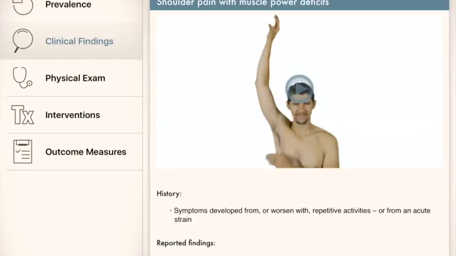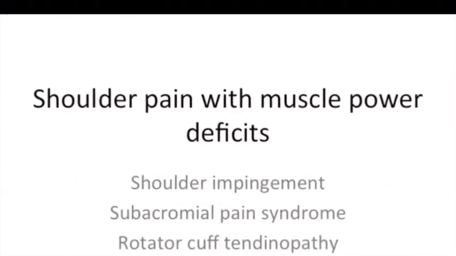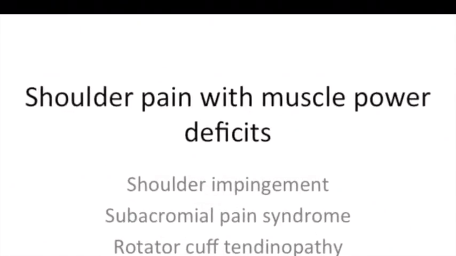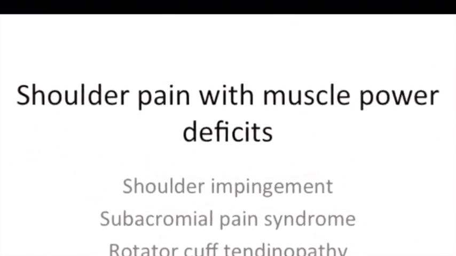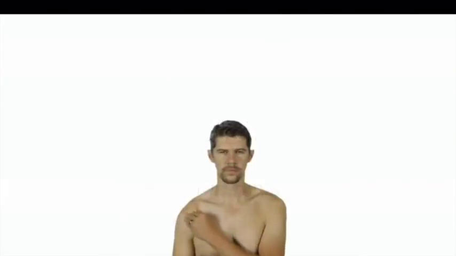You can watch a quick video of this patient, and you'll note that when you're observing this patient moving, in fact he has pretty good range of motion, but a very characteristic arc of pain, which often occurs at around 90 degrees. So we'll take a look at his pain location.